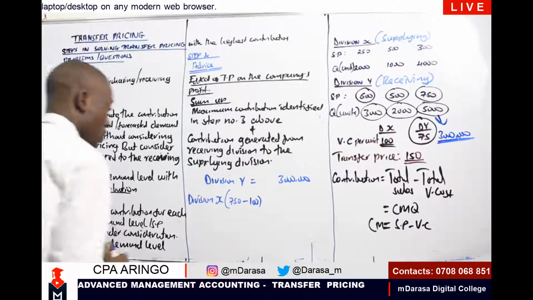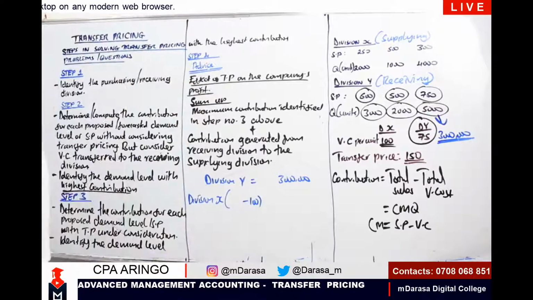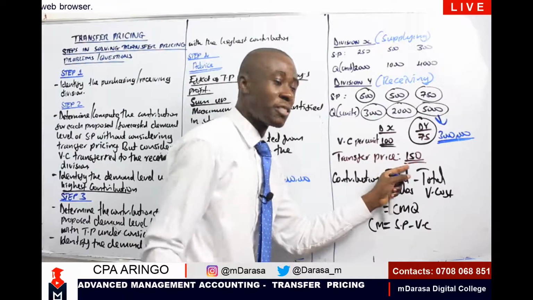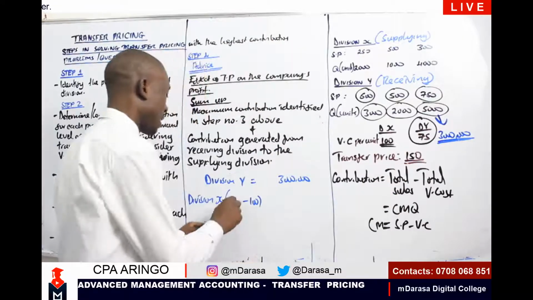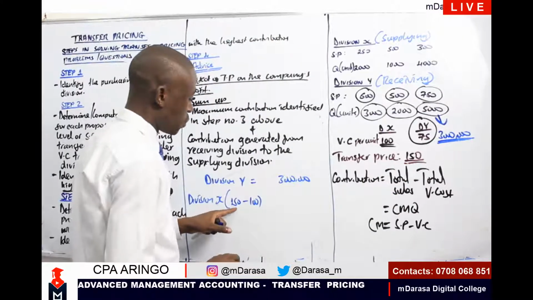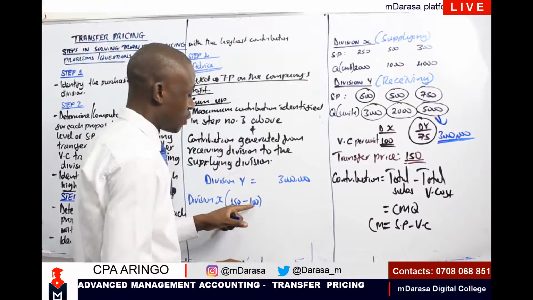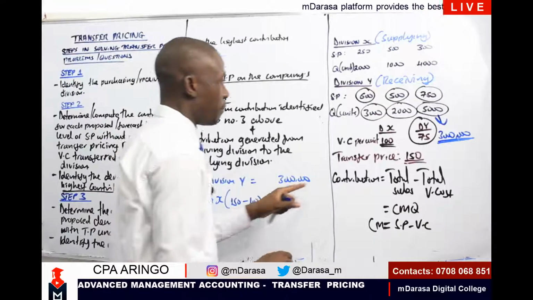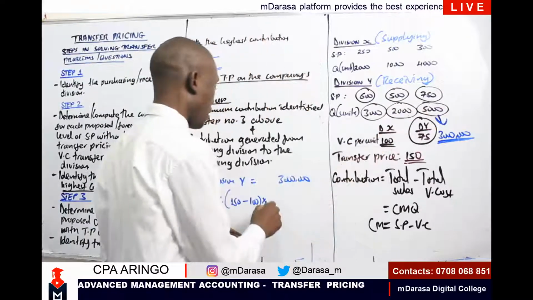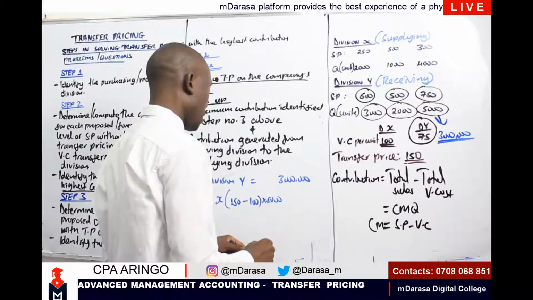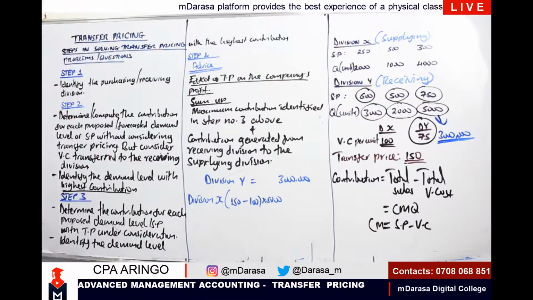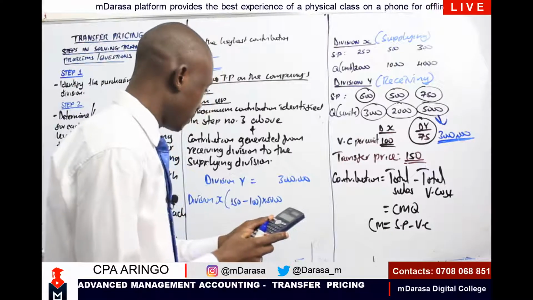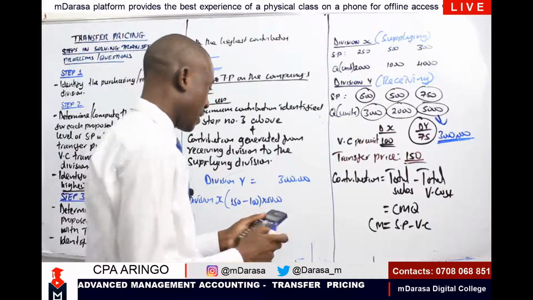So in this case, not 750, but what we charge division Y. We transferred these commodities to division Y at 150. And the variable cost that we incurred in supplying the commodity was 100. Then you multiply by the number of units, which in this case is 5,000. So 50 by 5,000 should give us, say, 250,000.